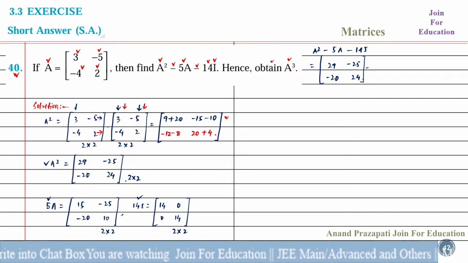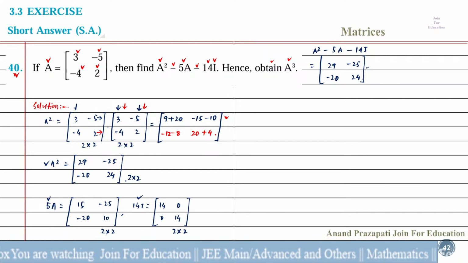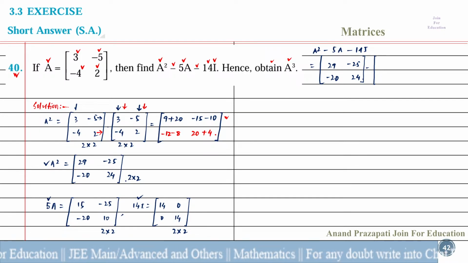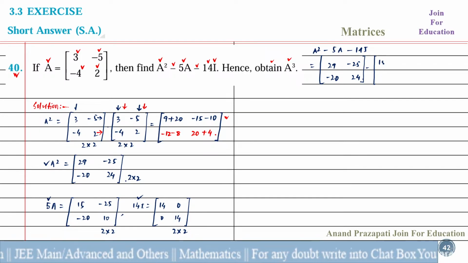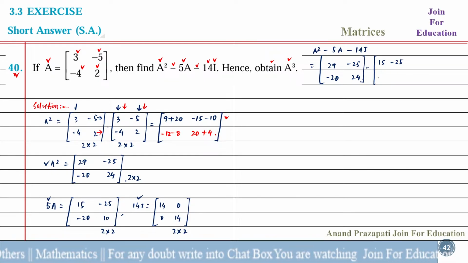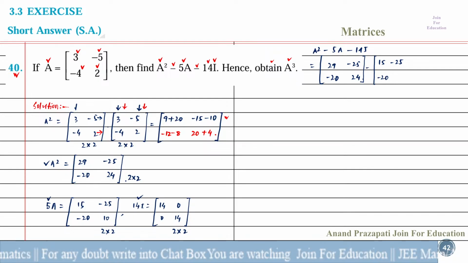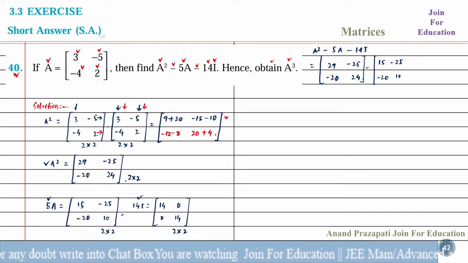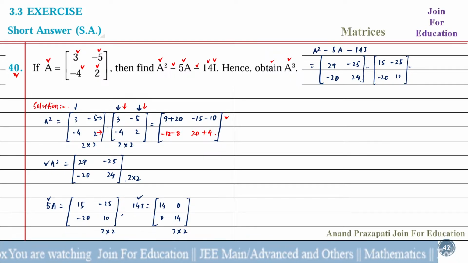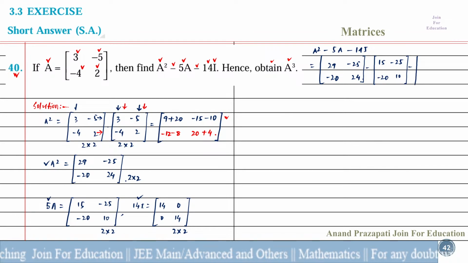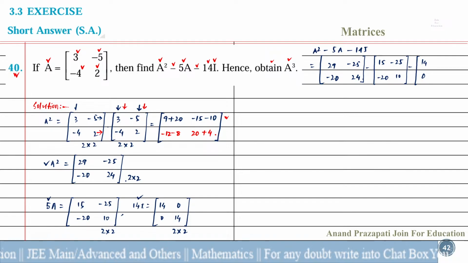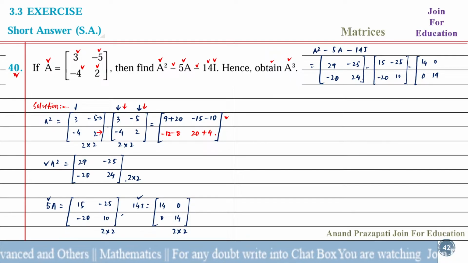Minus 5A, we get this one: 15, minus 25, minus 20, and this is the 10. And minus 14I, the value of this one is 14, 0, 0, 14.